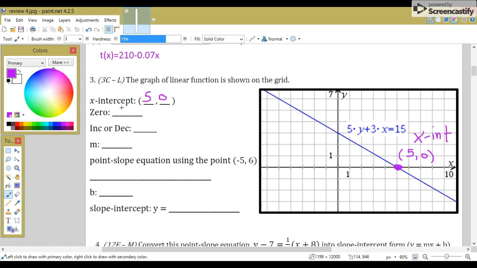The 0 is y, and x equals 5, because when y is 0, x is 5. This graph is decreasing, so that means we have a negative slope, so we're going to put a minus sign right there. Let's find two lattice points.